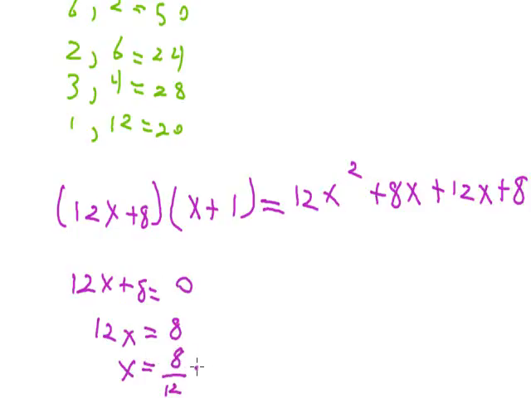That of course can be simplified to 2/3, right? Yes, 2/3. Then the other one, of course, is a lot easier. x plus 1 equals 0, so x equals -1. So the solution set for this equation is that x can equal 2/3 or -1.